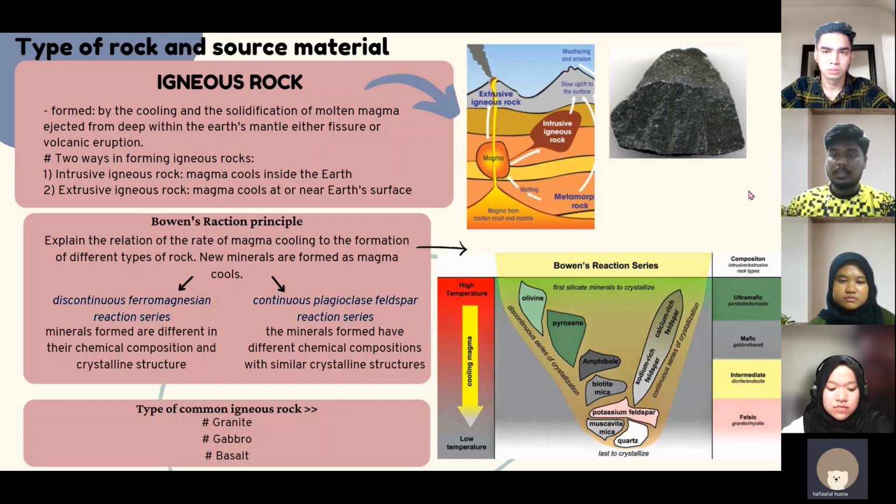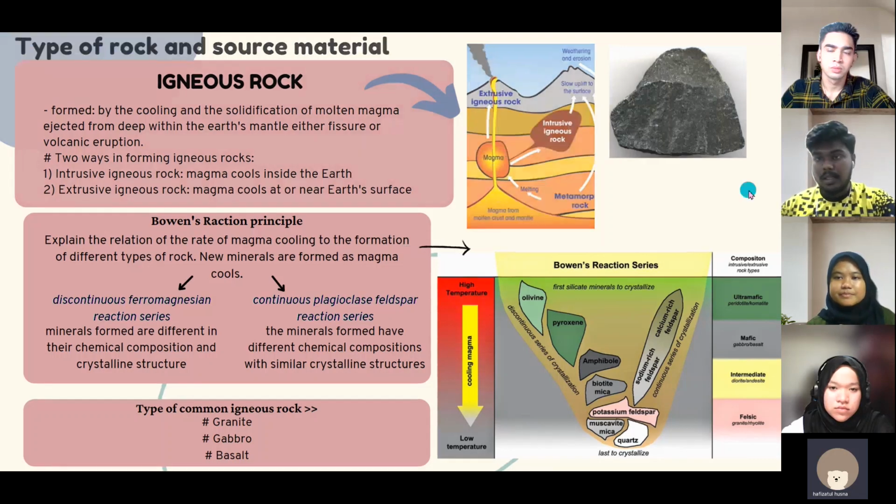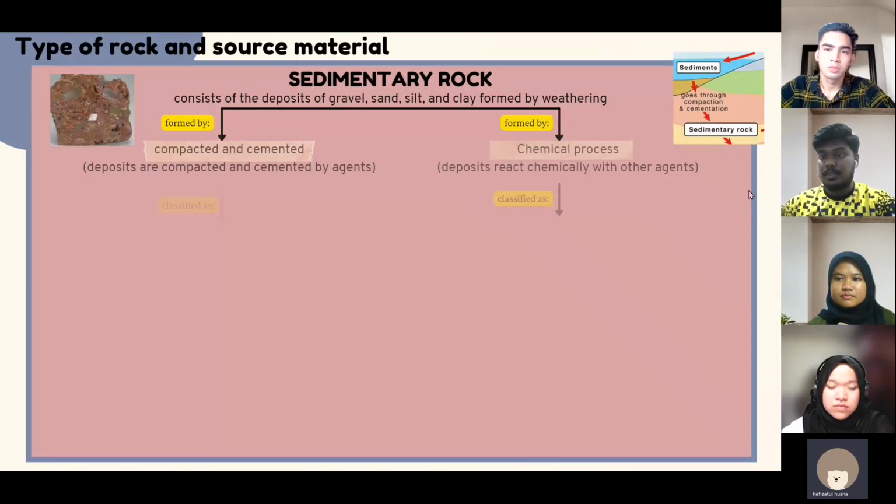Discontinuous tells that minerals formed are different in their chemical compositions and crystalline structure, and continuous tells the minerals formed have different chemical compositions with similar crystalline structures. The common types of igneous rock are granite, gabbro, basalt, and diabase. Next, I would like to pass upon to Alia to explain about sedimentary rock.